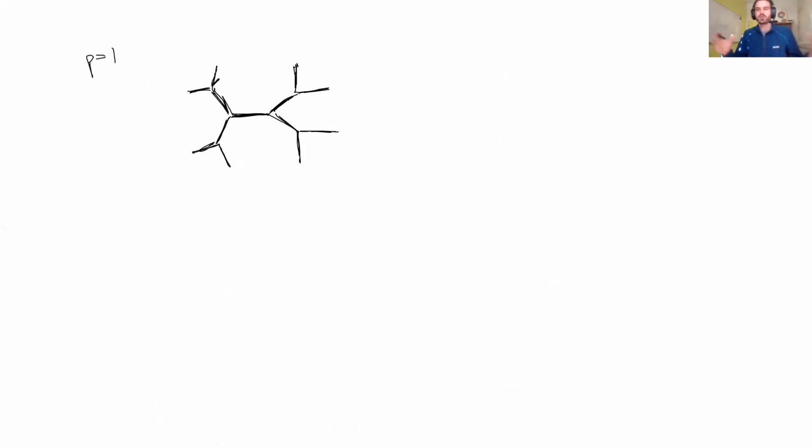Because let me explain, if now I consider P equals 1, the reverse case, everything is connected. So all those bonds are activated. So I have really a macroscopic gel, everything is connected.